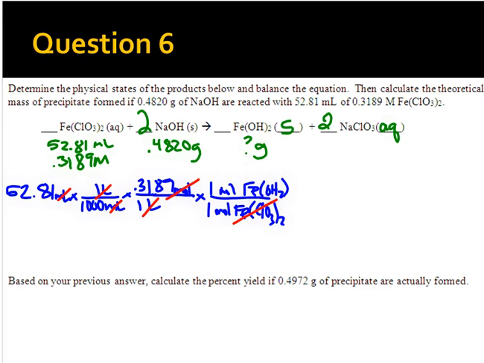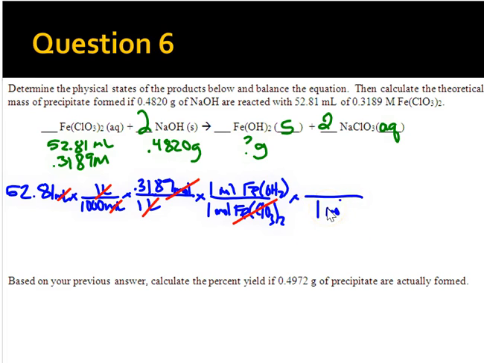So I actually already solved the problem. I know how much precipitate is being produced. I just don't know it in the right unit. So the third and final step of stoichiometry is just convert to the unit it wants. It doesn't want moles of iron hydroxide, it wants grams. Anytime you're going from moles to grams or grams to moles, you use your molar mass.